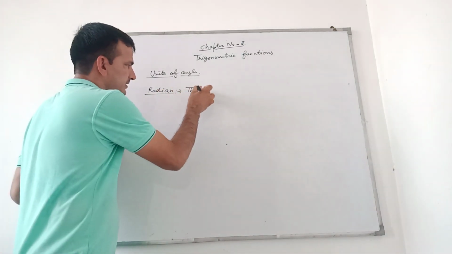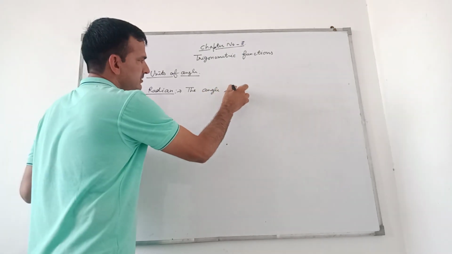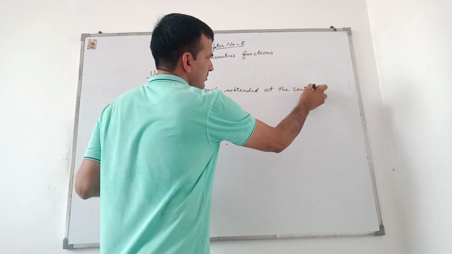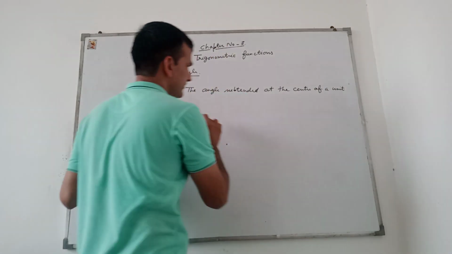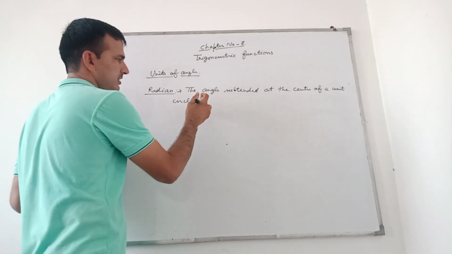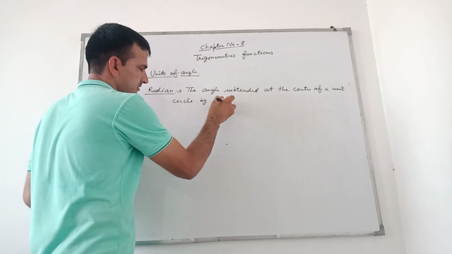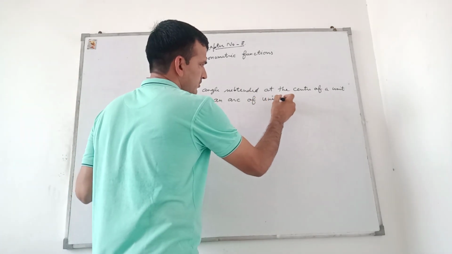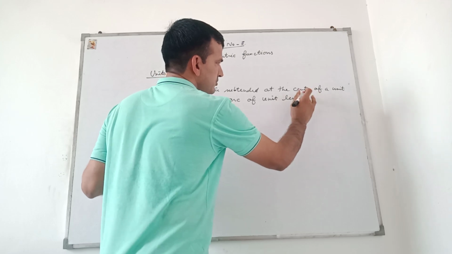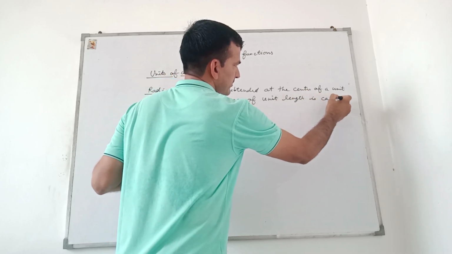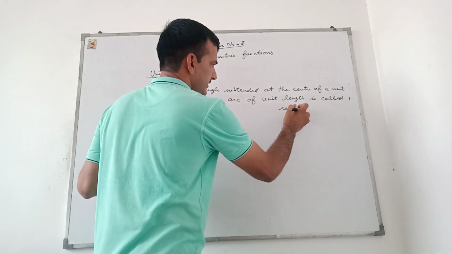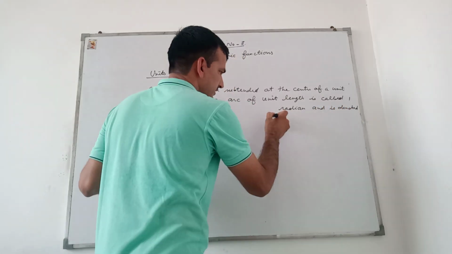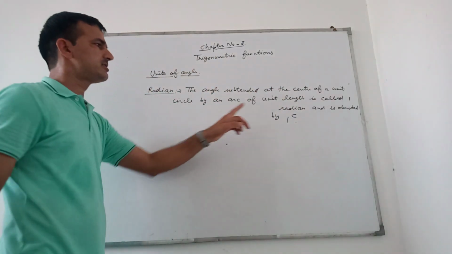The angle subtended at the center of a unit circle by an arc of unit length is called 1 radian, and is denoted by 1 radian. This is the notation.